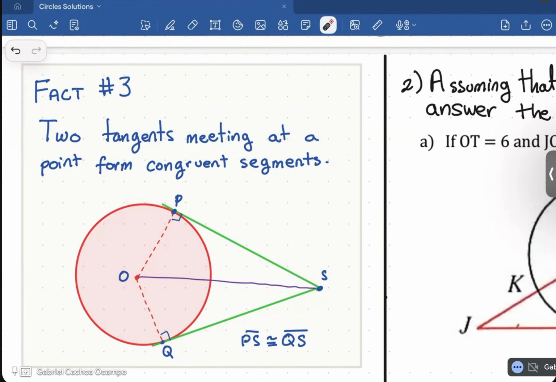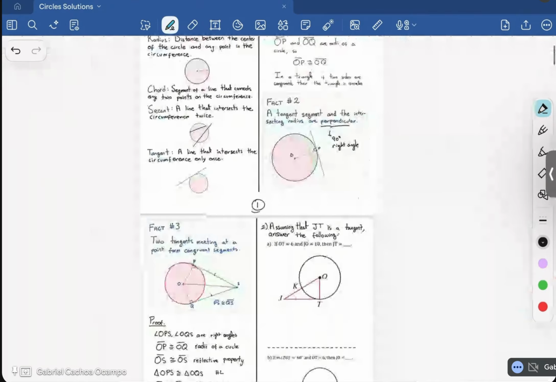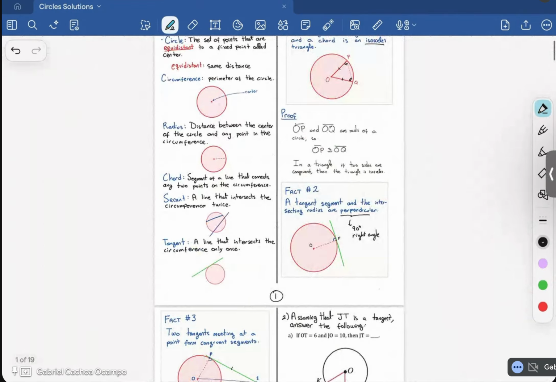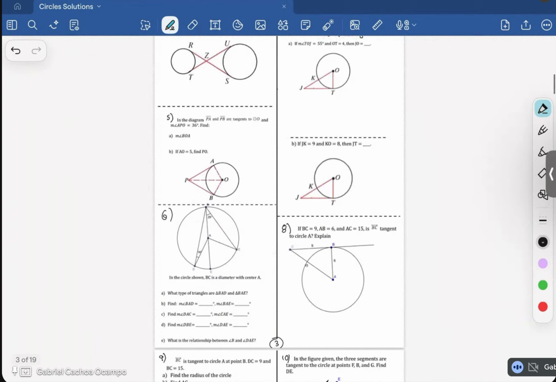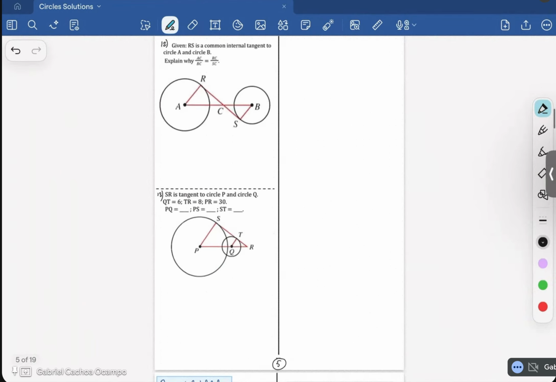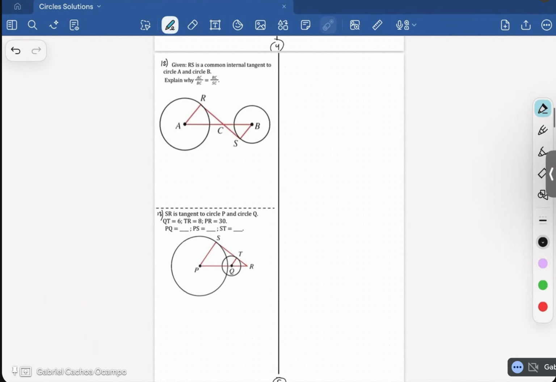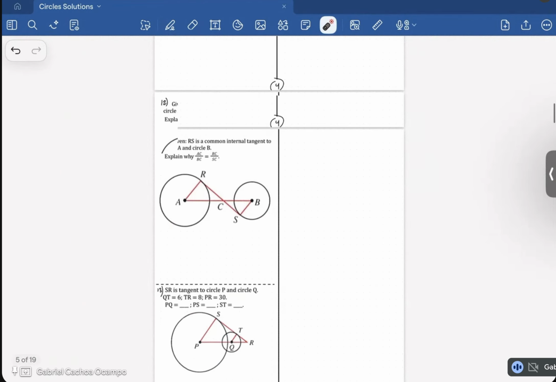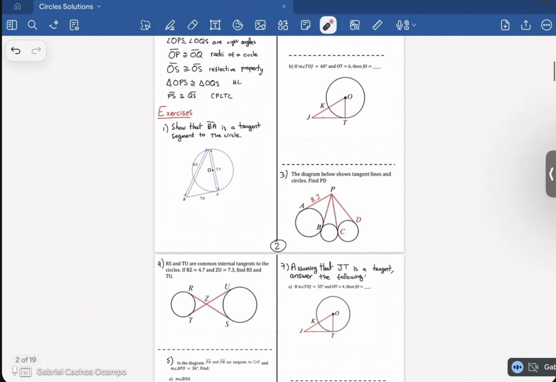Intersecting tangents are congruent. This and this measure the same. Okay, so with these three facts, we're gonna manage to solve all of the problems up to here. So let us do that.